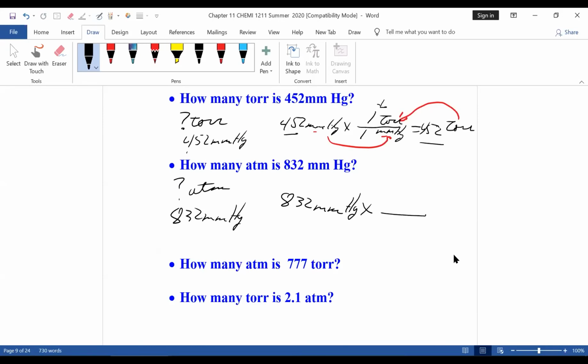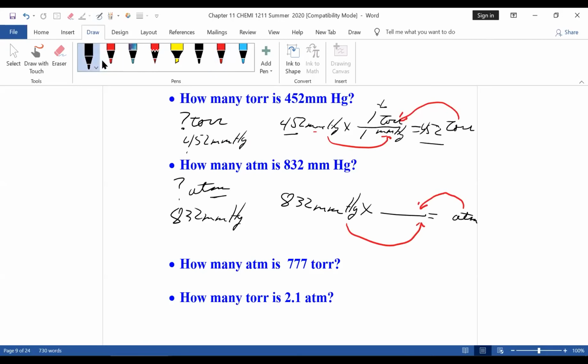If we can convert it with some ratio, what do we want our answer to be? Atmospheres. What do we use? Our good buddy, our good friend, unit analysis. Whatever we're trying to get to goes on top of the ratio. Whatever we're trying to get rid of goes underneath.